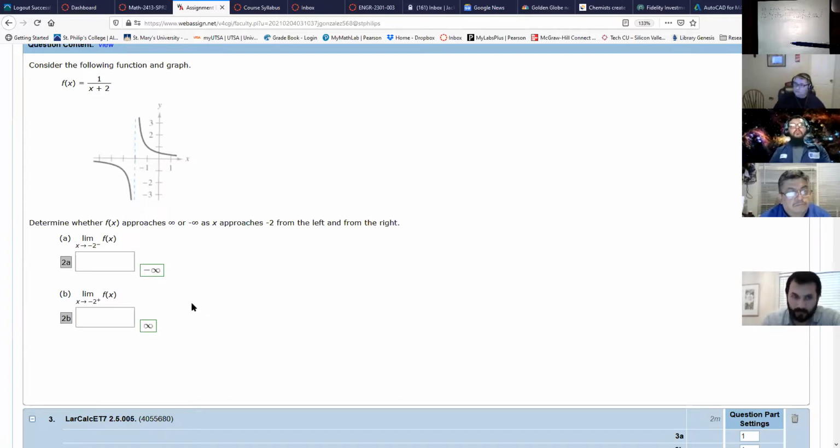But the minus on the -2, that's telling you that you're coming from the left side, and this has a plus, coming from the right.